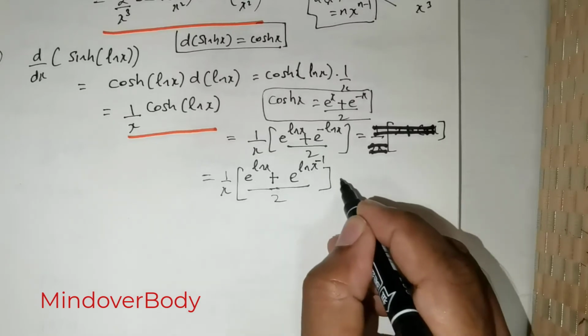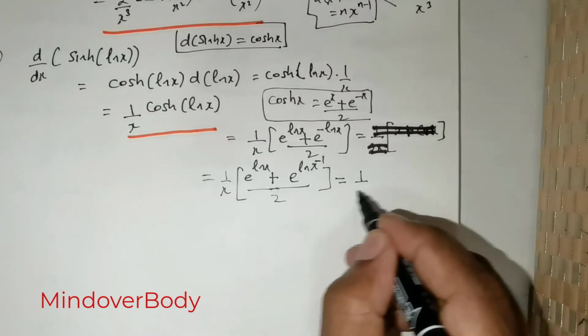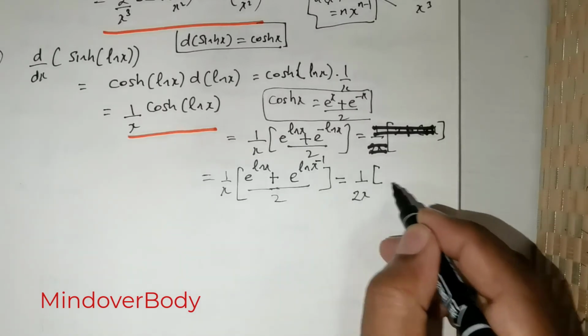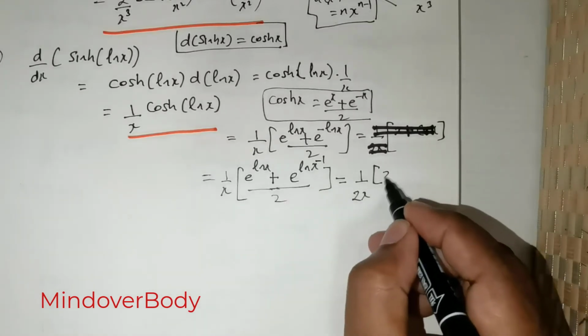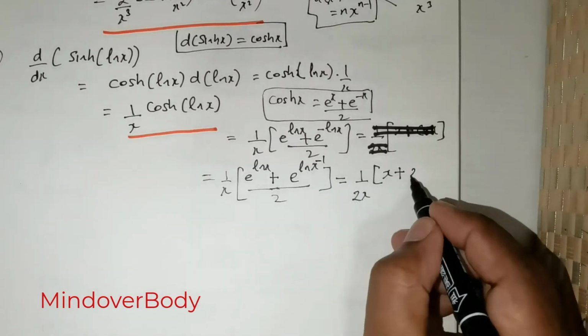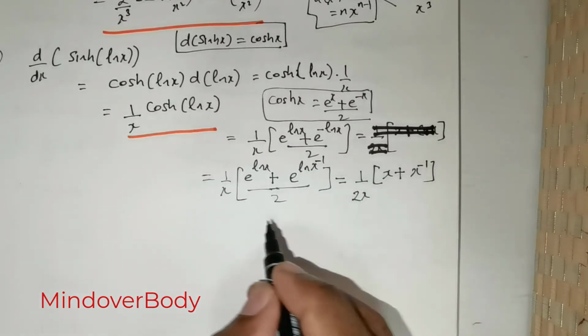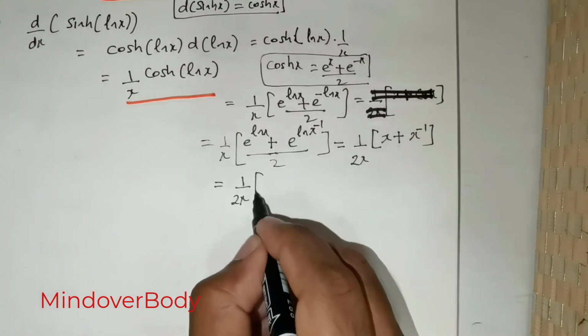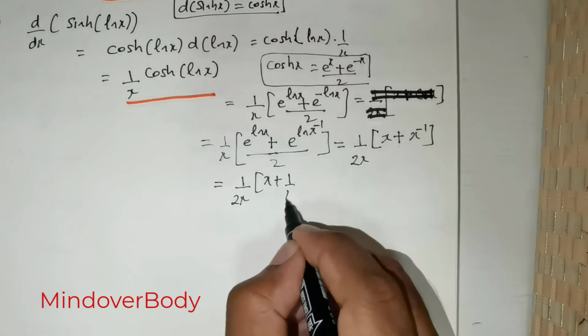So this is rewritten as 1 over, of course I can write this as 2x. Now e and ln get neutralized, giving me x raised to the power of negative 1.